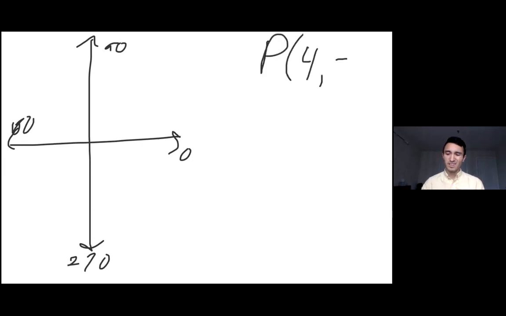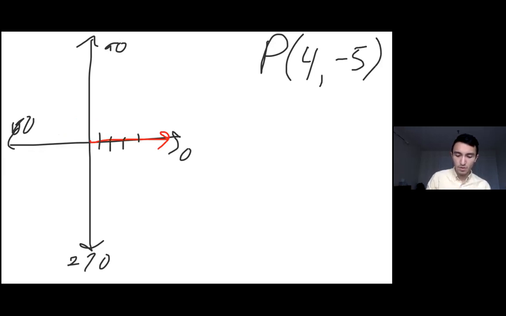Let's say this is a point on the terminal side of some theta. And that's what your homework says. It just gives you a point and says this is where the point is on the terminal side of an angle. Remember, the initial side starts at 0, and then the terminal side is going to be 4, -5. So let's actually graph 4, -5 first.